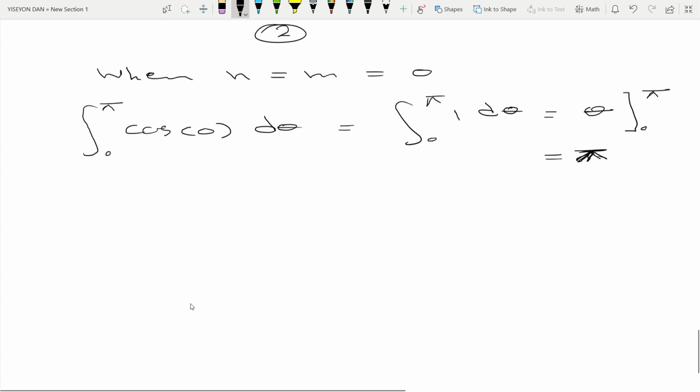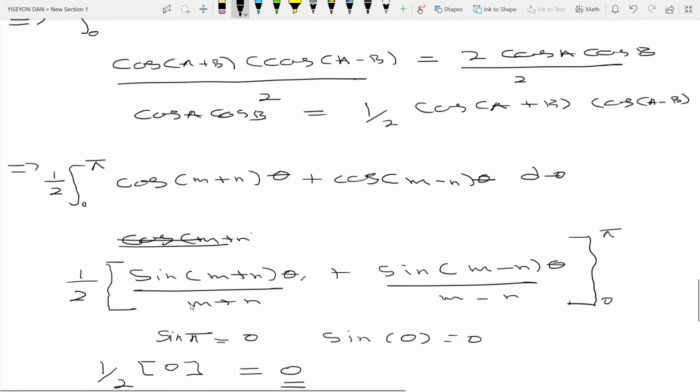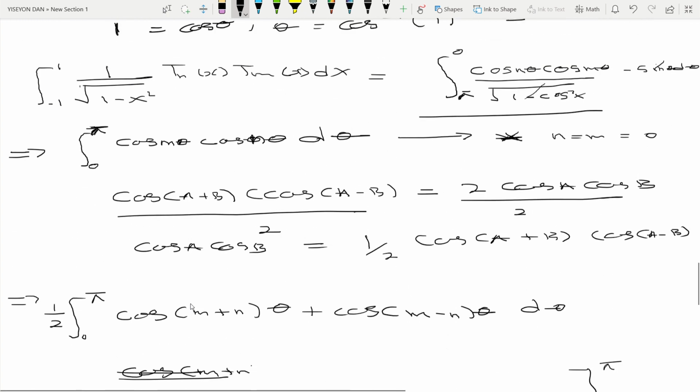Now going to solve case 3. Case 3 is when n is equal to m, but it is not equal to 0. So from that equation star, let me quickly show you the equation star again.